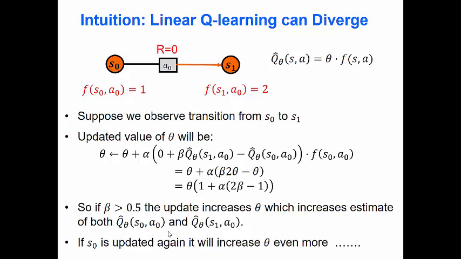Mathematically, this is the classic example that you'll see in textbooks, and SARSA doesn't fall into this problem because it's an on-policy algorithm. It would also be forced to update S1 based on the action that S1 takes.